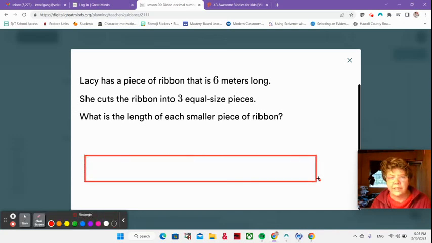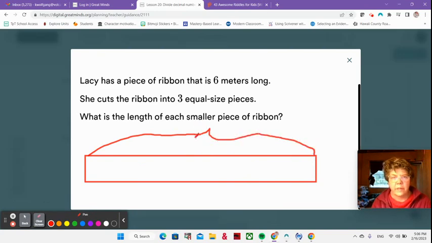Now we know that it's 6 meters long, and she's going to cut it into 3 equal size pieces. So this, I'll just write it down here because I don't have space there. 6 meters is the whole amount, and we're cutting it into 3 equal size pieces. So do we know our division problem here?